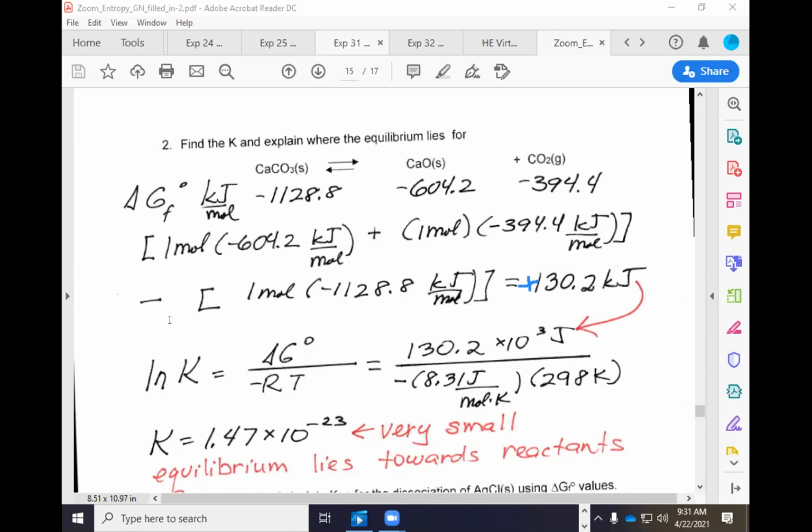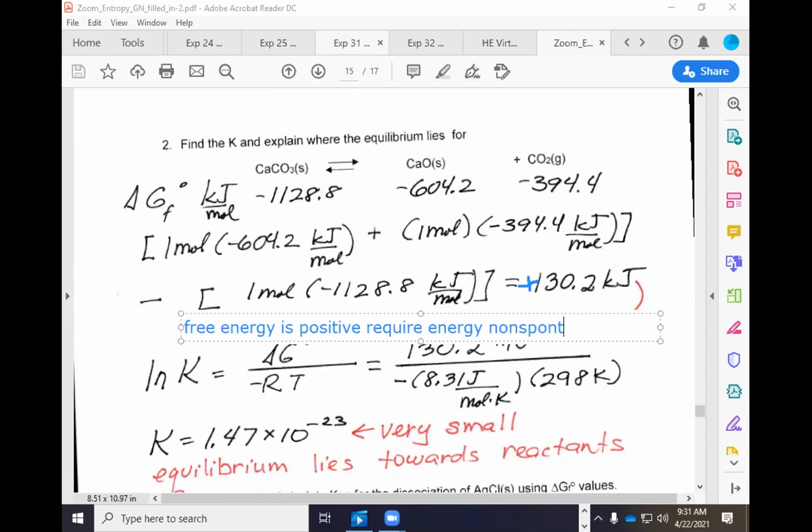And so we know that the free energy, which I cannot spell, is positive. So we would require energy and it's non-spontaneous. Okay, so according to our delta G, it's non-spontaneous.